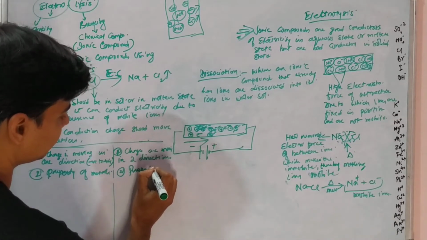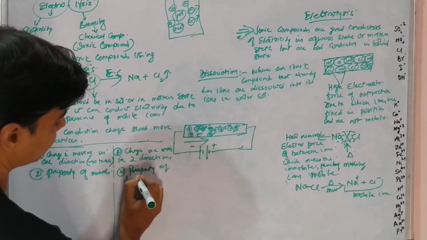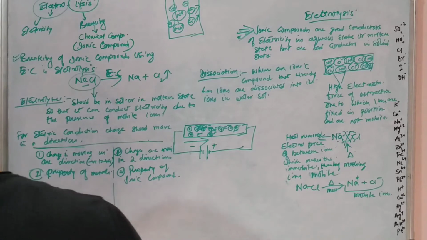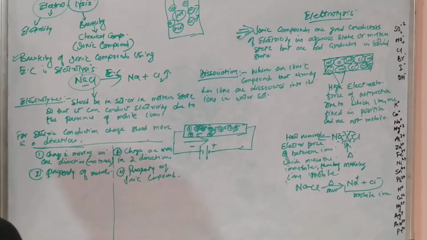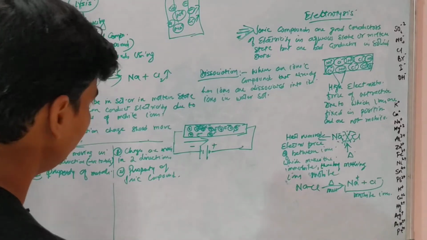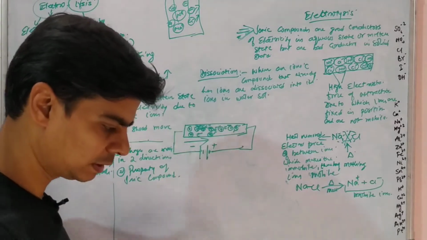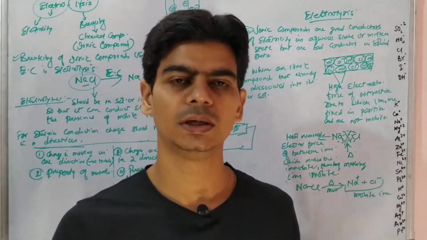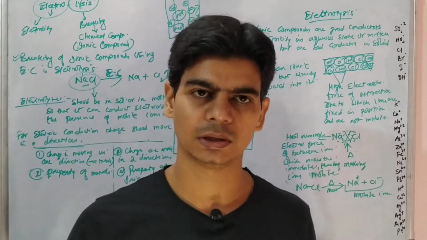This is a property of ionic compounds, right? And one more thing, in case of metals, say iron, whether it's in solid state or in liquid state, it will conduct electricity, right?